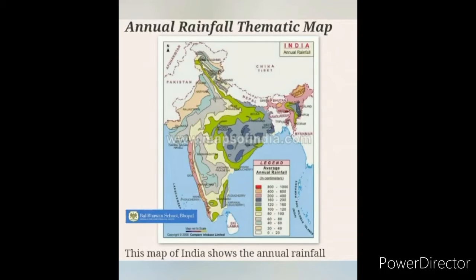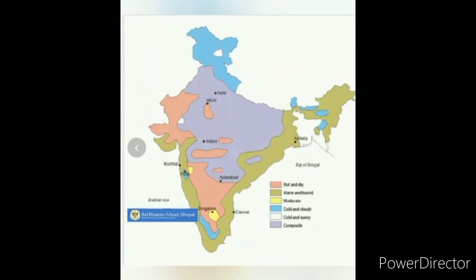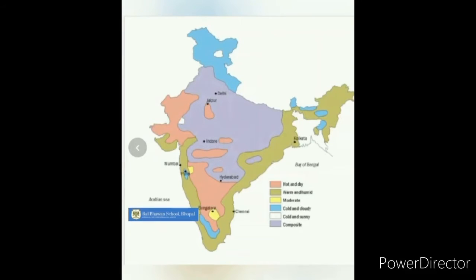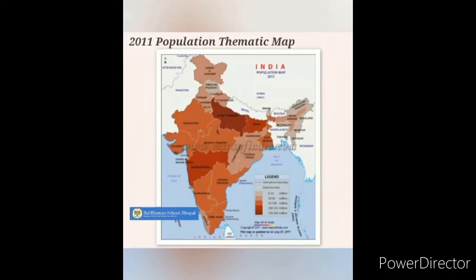The language of a thematic map is quite varied and involves the use of color, shape, pattern, light and dark, etc. As you can see here, different colors are used.